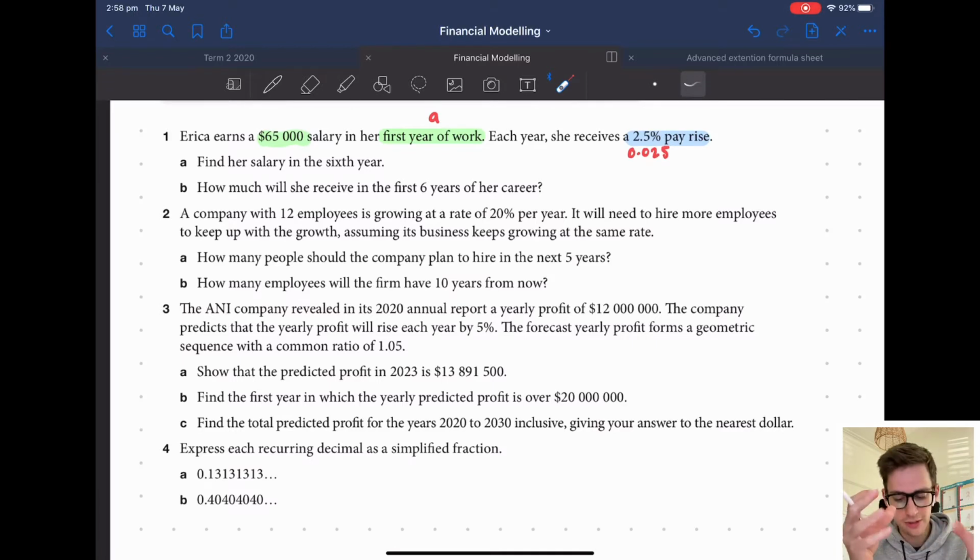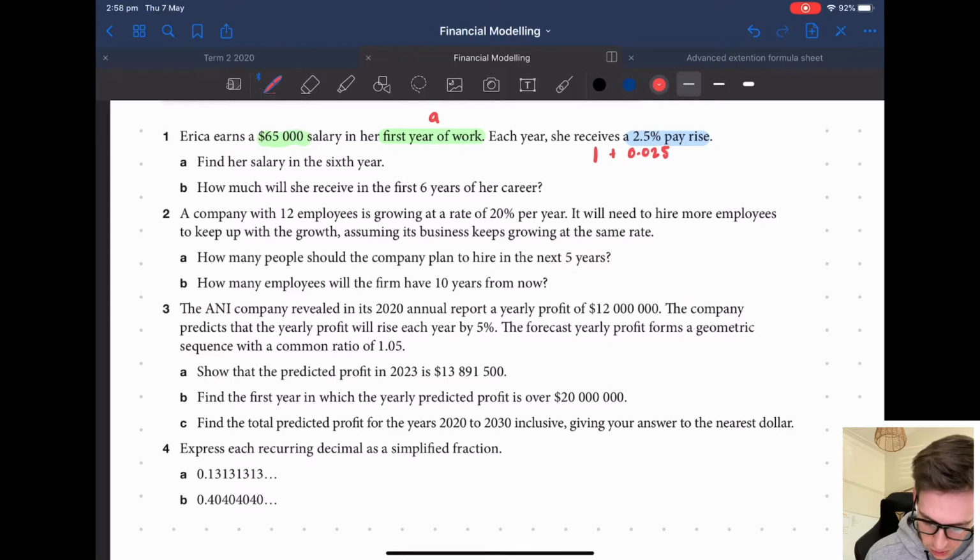But what we are trying to find is her salary each year with that added on. The way I want you to think about increases, because this is going to be quite a common setup you'll see later on, is whenever we're increasing by a percentage, we're getting our full amount, which is just 1, it's our whole, and we're increasing it by that number that represents that percentage.